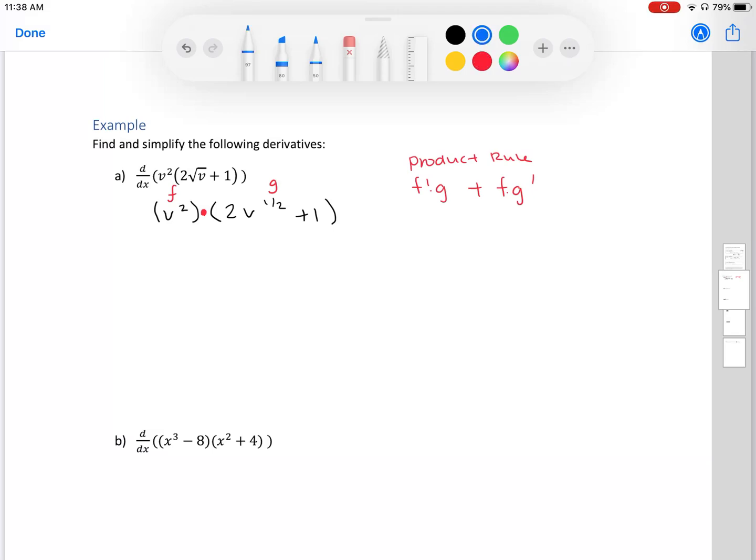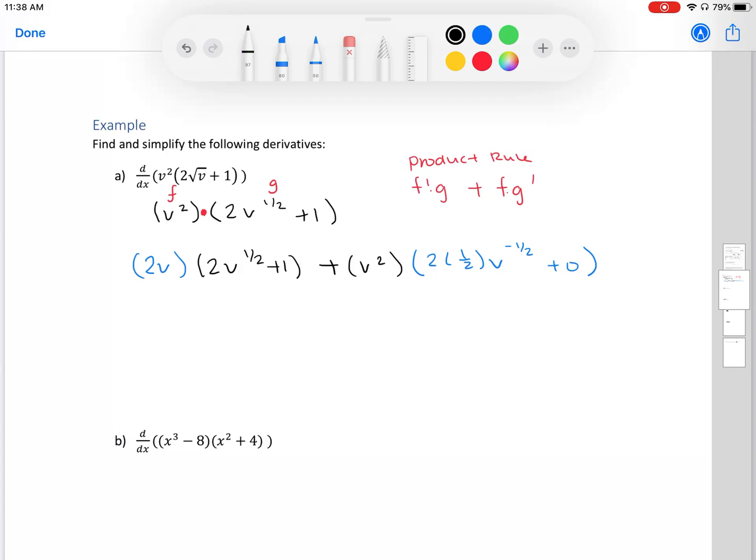The derivative of the first one, b squared, would be 2b. And our second function is just 2b to the 1/2 power plus 1. Plus, now I'm going to write my first function, which is just b squared, and take the derivative of my second, which is you bring down the exponent, so 2 times 1/2 b to the 1 minus 1/2, negative 1/2, plus 0.